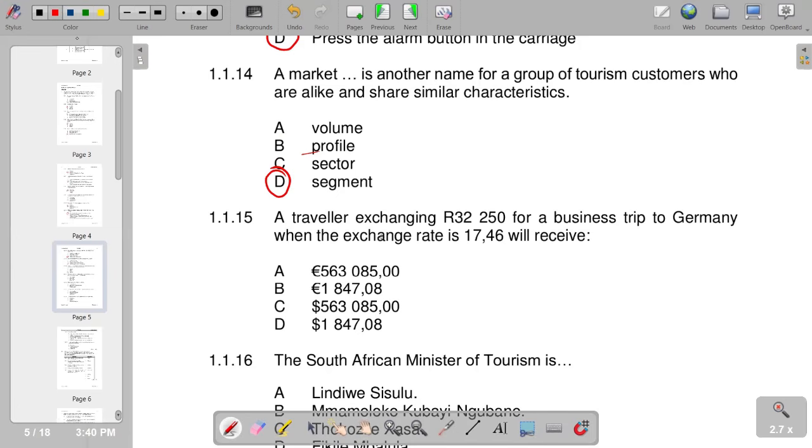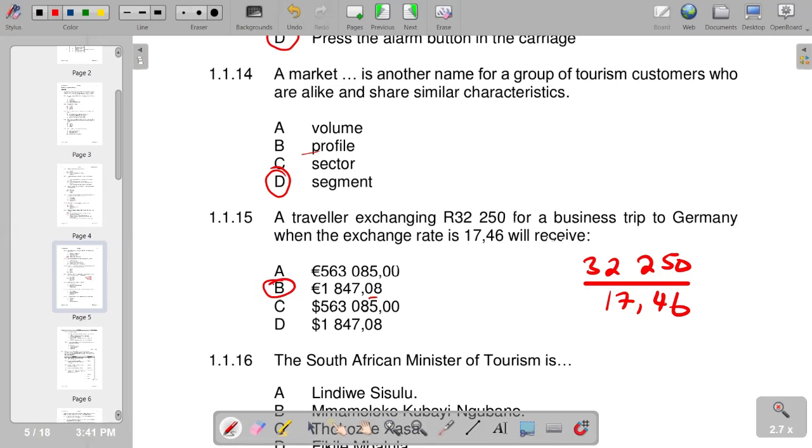According to the exchange rate given, you are supposed to divide 32,250 by 17.46, which is our denominator. If you divide, your answer is 1,847 euros. Of course, we put the 8 cents that we have, so we put B.